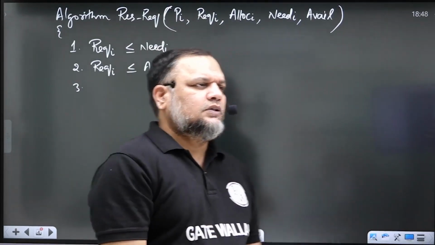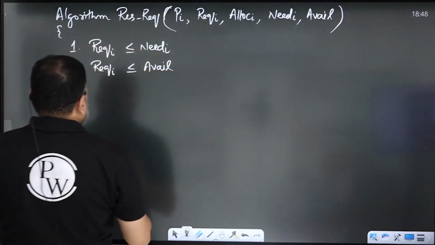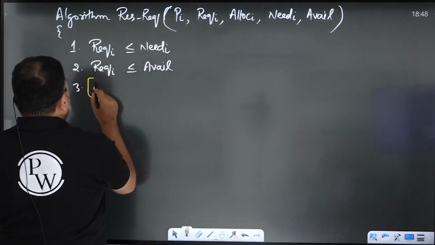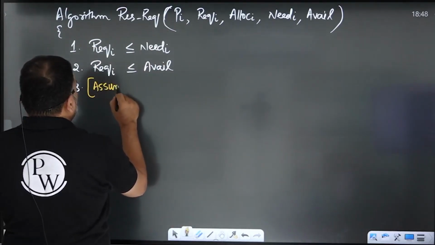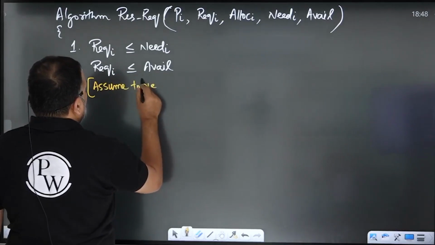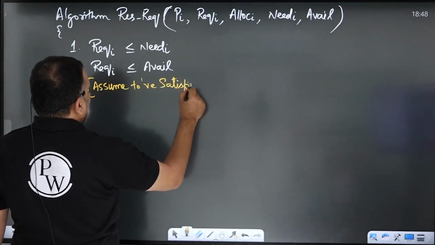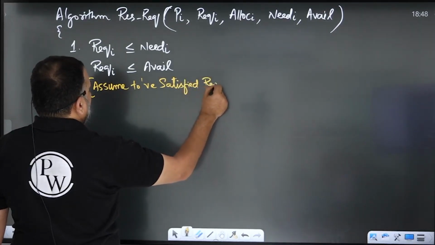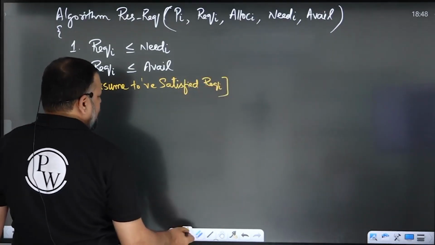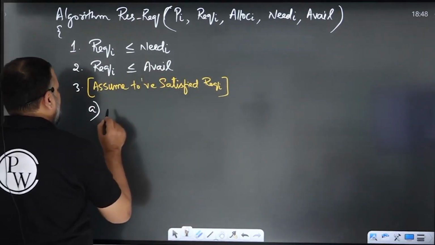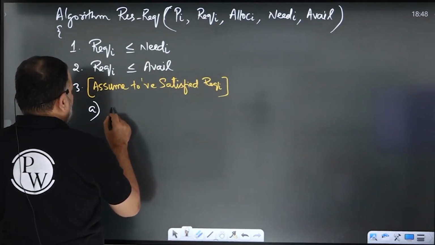That's the point, right? So here I will write like this in step 3. In step 3 we say, assume to have satisfied request I. We are assuming, we are not really satisfying. So how do I satisfy? I satisfy from need, from allocation, from available.